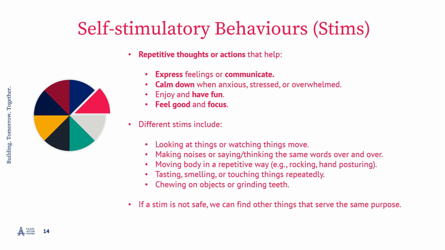Different stims include looking at things or watching things move, making noises or saying or thinking the same words over and over, moving the body in a repetitive way, like when rocking or posturing their hands, tasting, smelling, or touching things repeatedly, or chewing on objects and grinding teeth. If a stim is not safe, we can find other things that serve the same purpose.